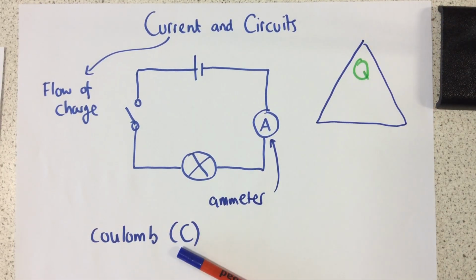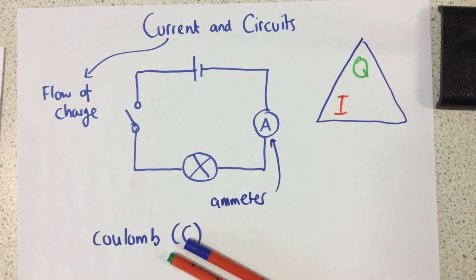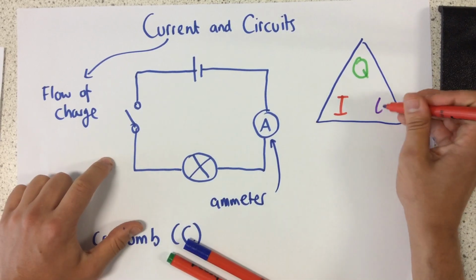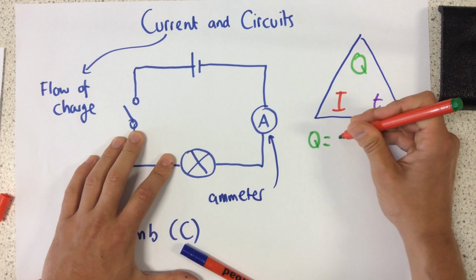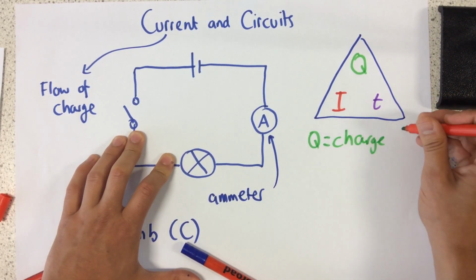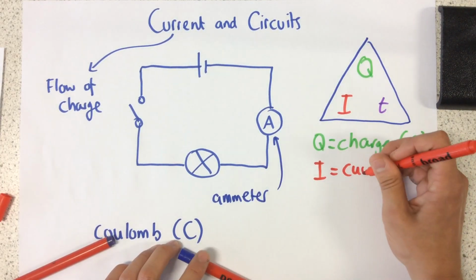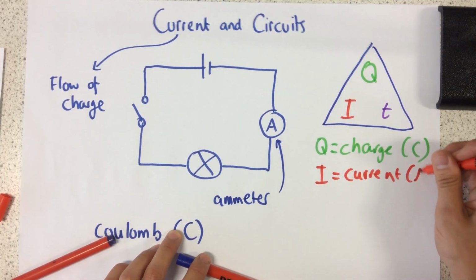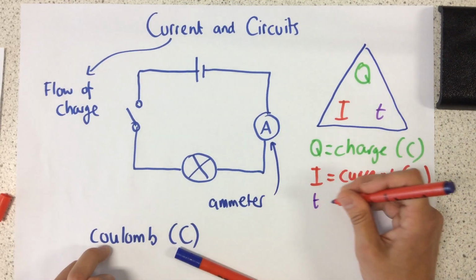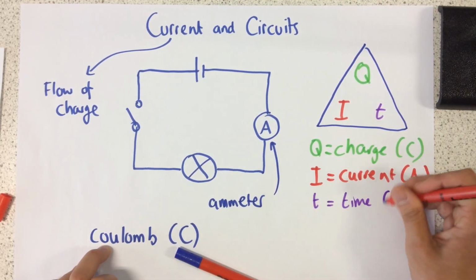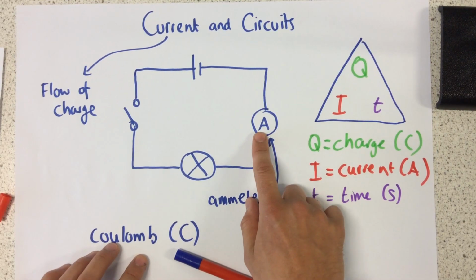So Q stands for charge, I stands for current, and T stands for time. So Q is charge measured in coulombs, I is current measured in amps, and finally T is time measured in seconds.